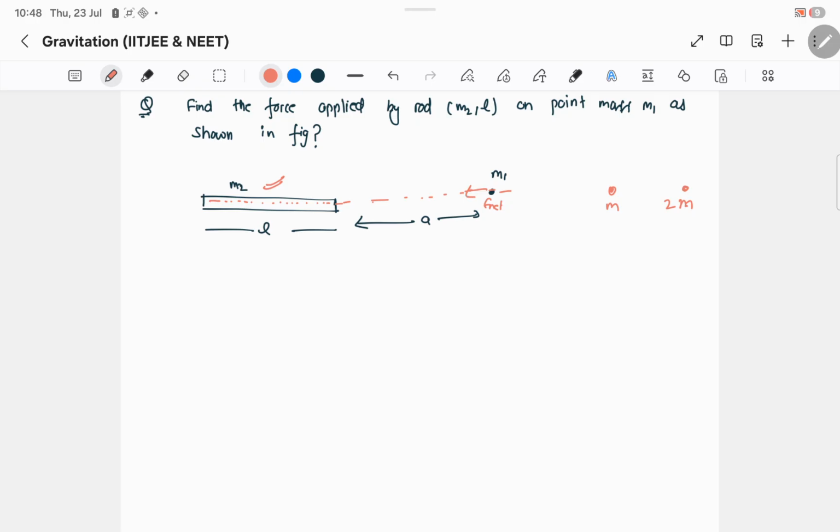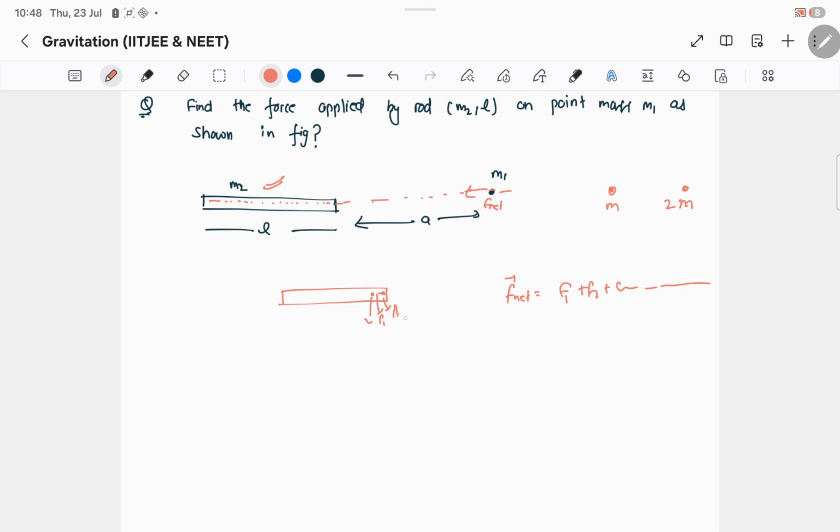So then you have to total them. If such a type of question comes, you can assume every part is attracting, so you have to write F net as, suppose this is particle 1, second part 2, part 3, so F1, F2, F3, you have to add and so on.